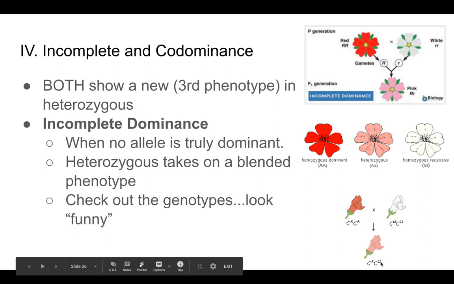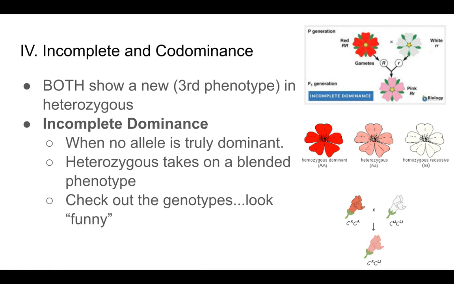Now, some of you might be going, wait, this is new. I don't like this. What happened to the same letter? Let's use a big one and a little one. That is fine, but you still need to be able to recognize what it's representing. Because remember, guys, these are just models for inheritance, right?